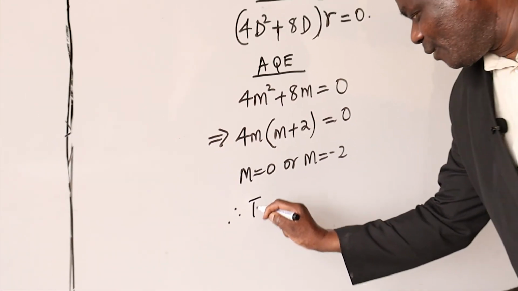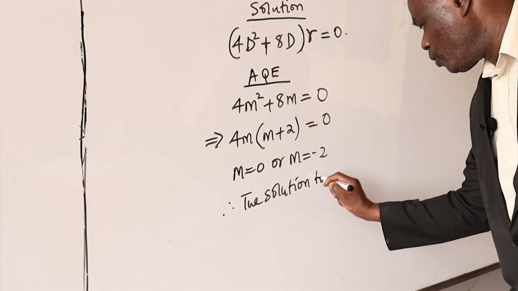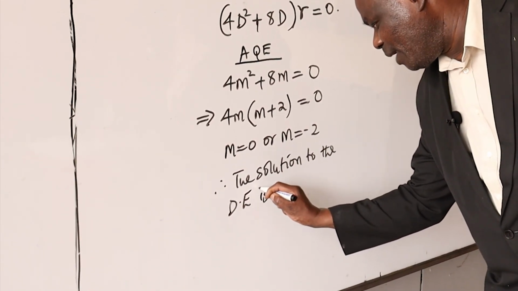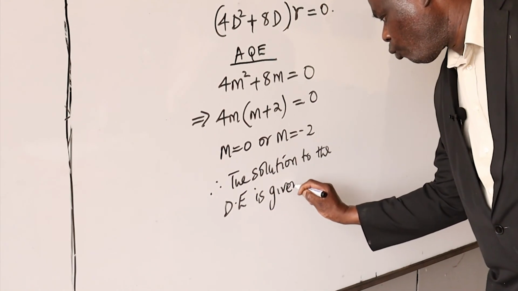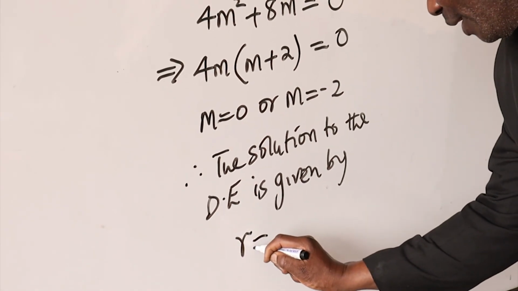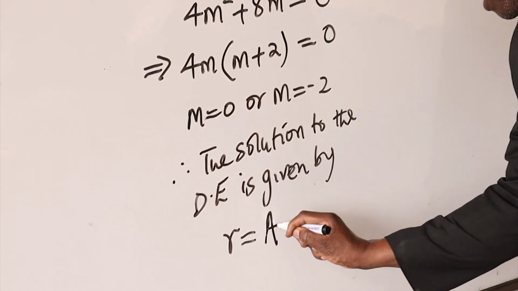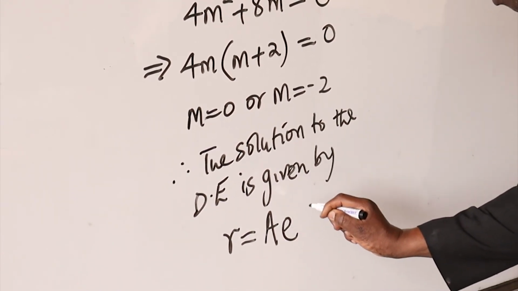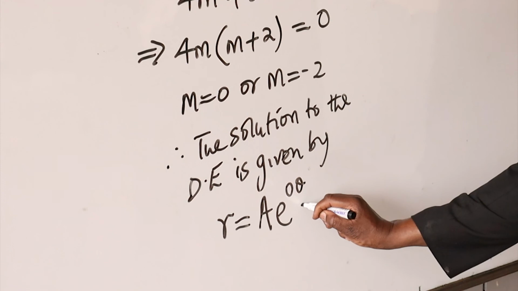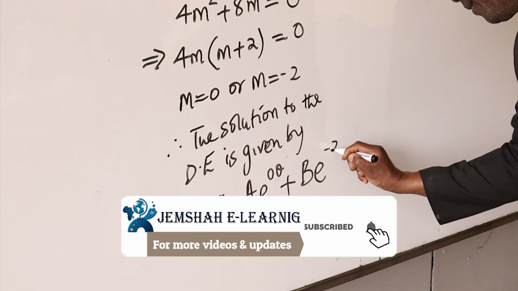Therefore, the solution to the DE is given by r being equal to, these are two real roots which are different from each other, A e power 0 theta plus B e power negative 2 theta.